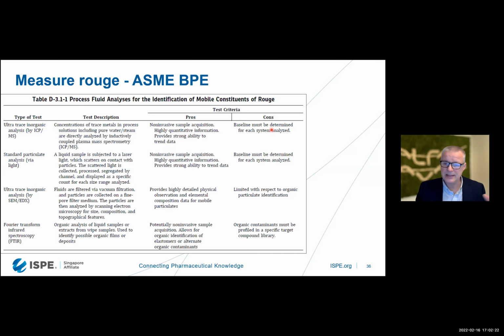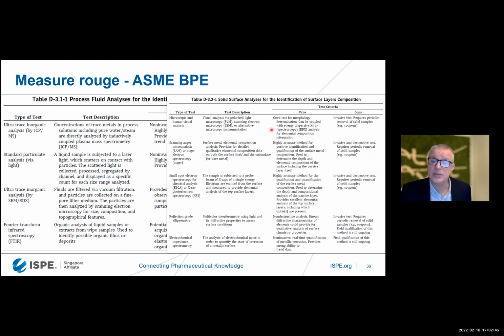And here you always have to work on references. So if you have more rouge in the water, you probably have more rouge on the surface area. But the problem is that you cannot measure really how much you have on the surface area. So these process fluid analyses are more of an indicative way of measuring your rouging.